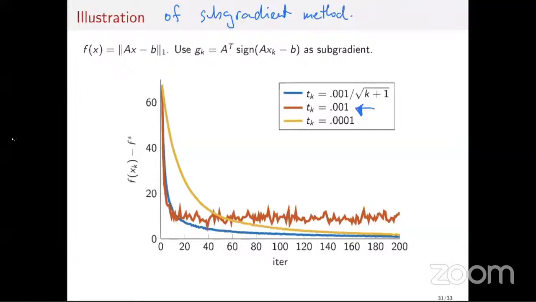The log you can actually get rid of. I did not explain how, but it's not so essential. So you can get a 1 over square root of k iteration complexity. Note that this is much worse than the gradient method, which is 1 over k, and even worse than the fast gradient method, which is 1 over k squared.